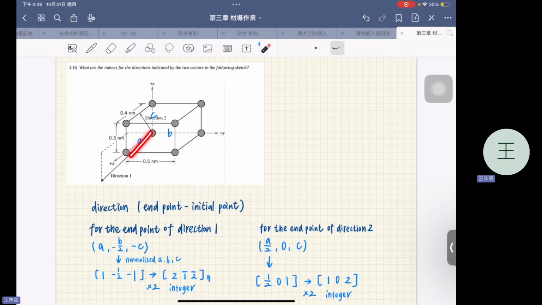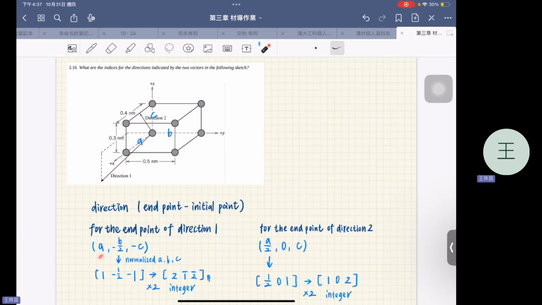If it's the x-axis, you divide by a; y-axis, divide by b; z-axis, divide by c. So do the normalization, then you can get the answer. For the 2 directions here, the first direction is here, and the second is here. They both start from the origin, so the initial point will be 0, 0, 0.